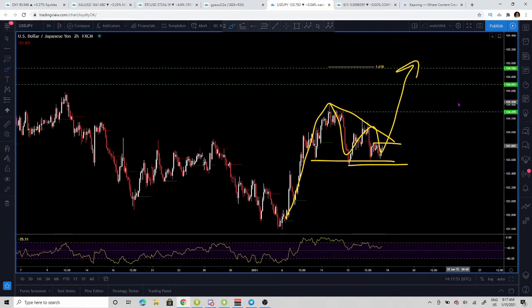Now we don't know if the previous highs are going to hold, or if the 104.70 is going to hold, or if we're going to retest that 105. We are going to keep an eye on this, and we are going to be patient and wait for the setups to develop.